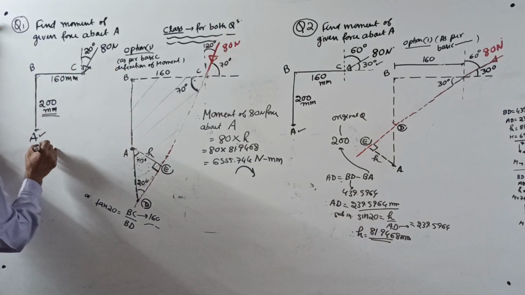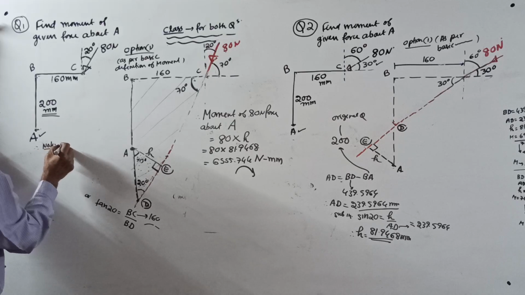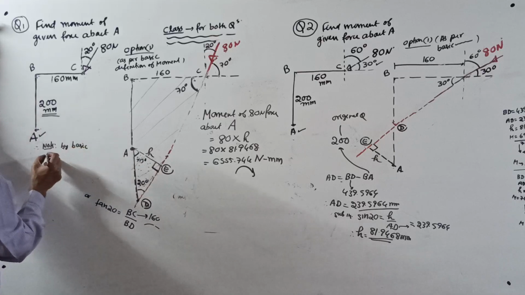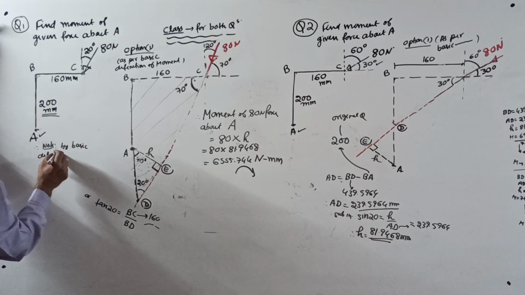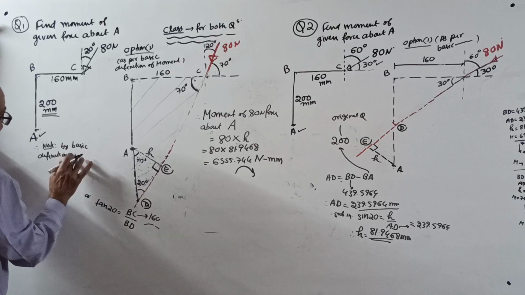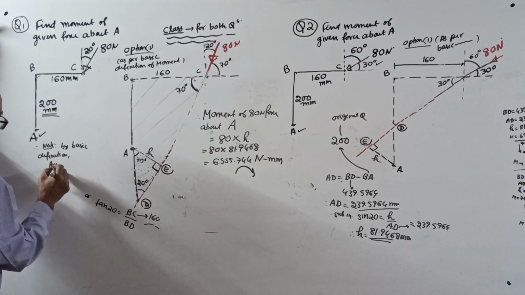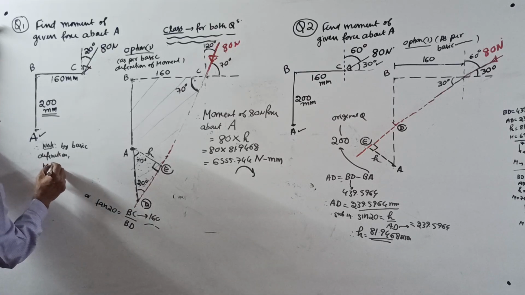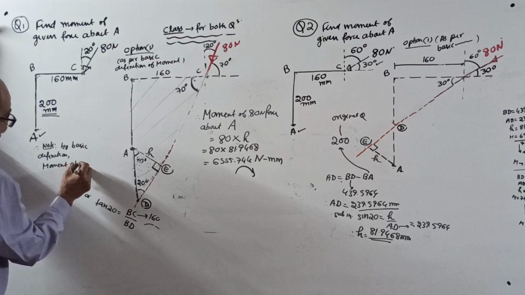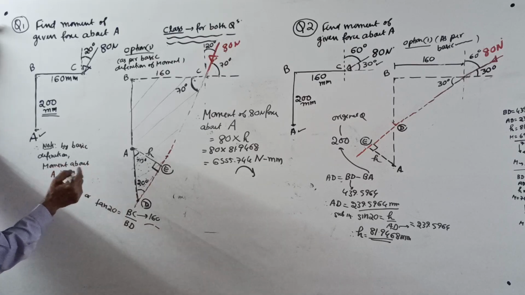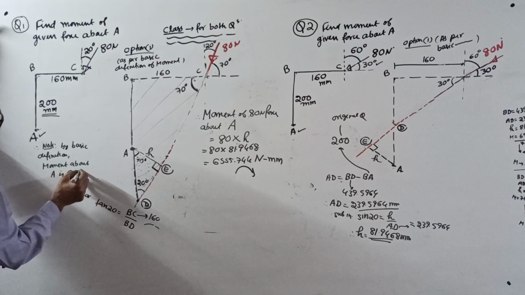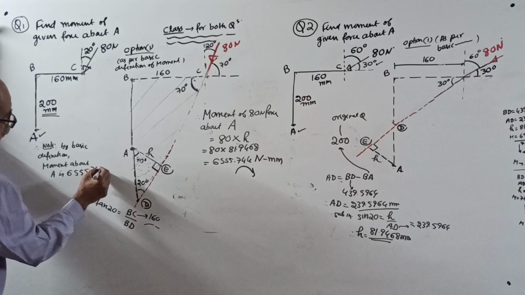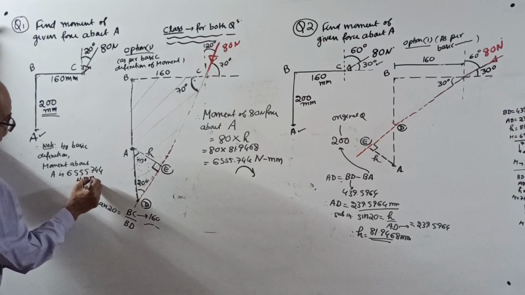So I will write one note here. By basic definition, just to remind you, the moment about A of the force 80 is 6555.744 Newton millimeter clockwise.